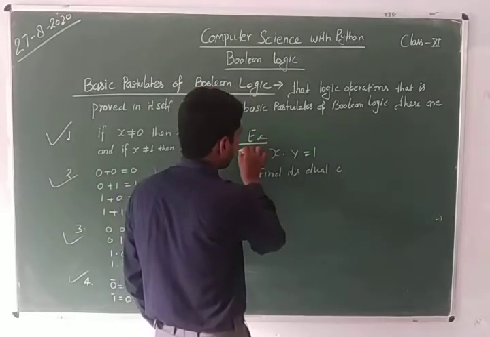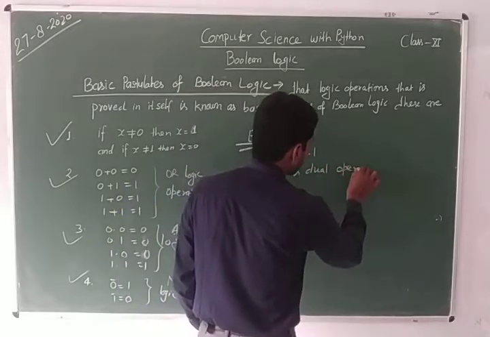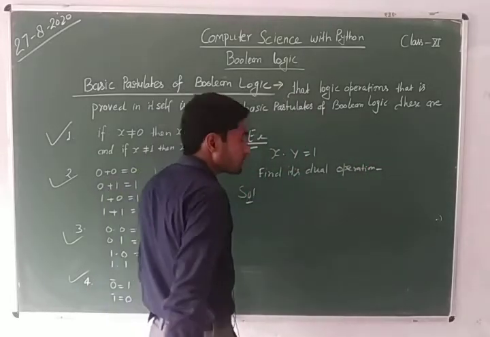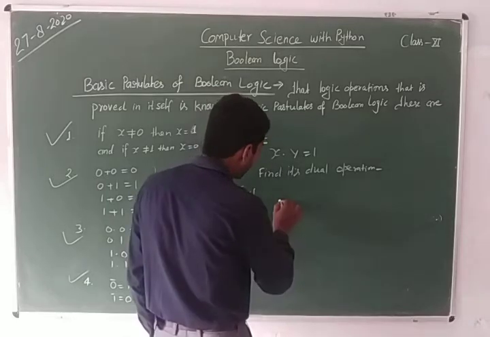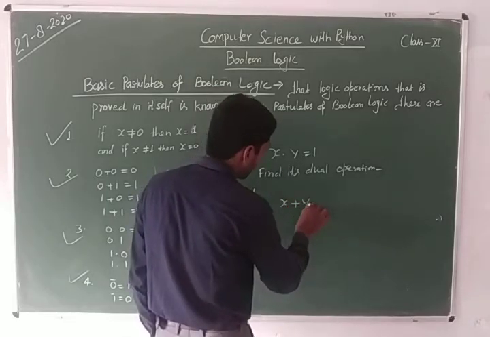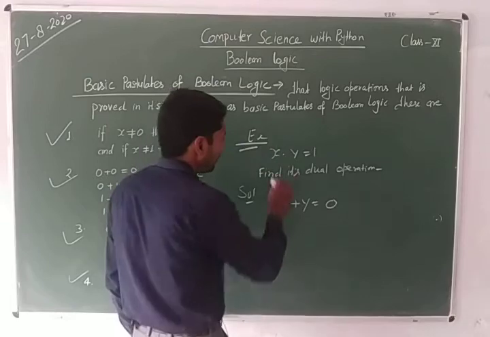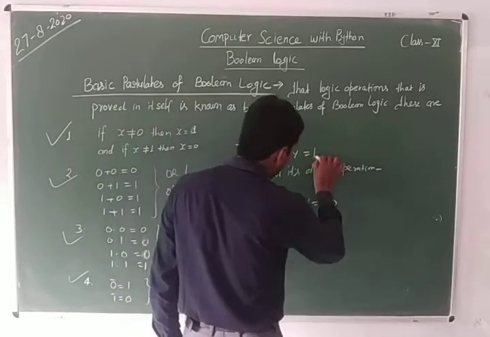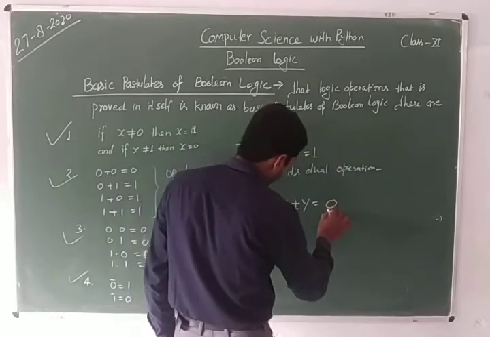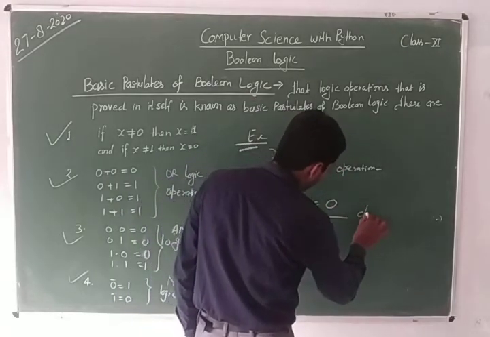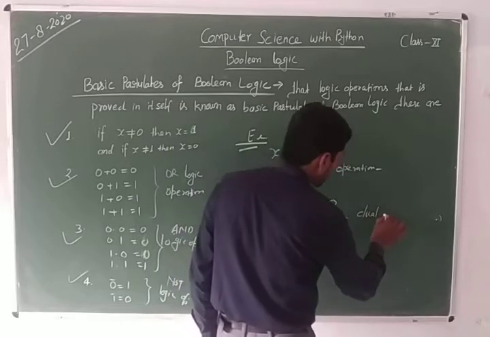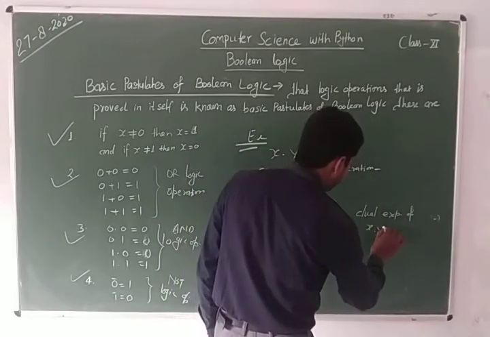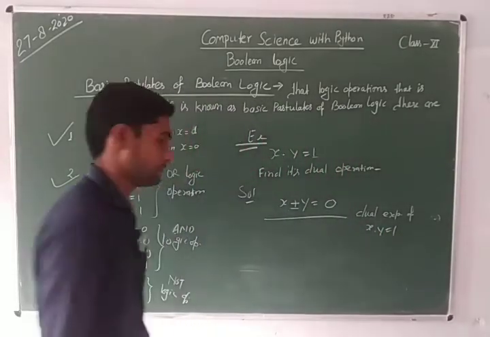This is an example. Solution: change dot by plus sign. Here we get x plus y is equal to 0. We are changing dot by plus and replacing 1 by 0. This is the dual expression of x dot y is equal to 1.